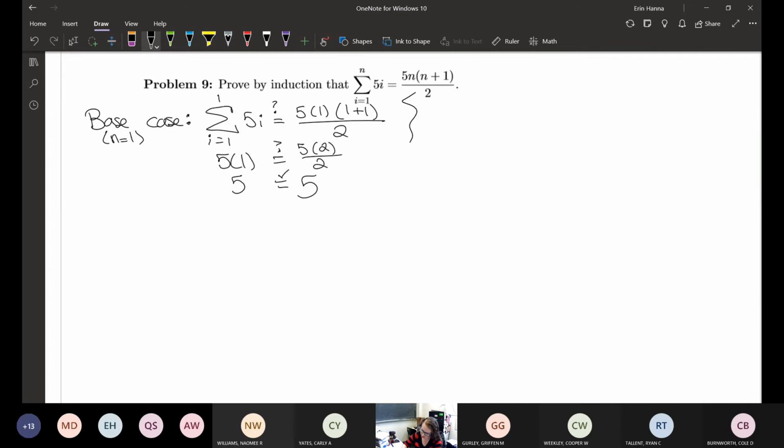For the sake of space, I'm going to write my inductive hypothesis on the right here. So this is where you assume true for n equals k minus 1. So essentially everywhere you see an n, you now write a k minus 1, and you essentially just say, assume this is true. So everything stays the same except n's become k minus 1's.